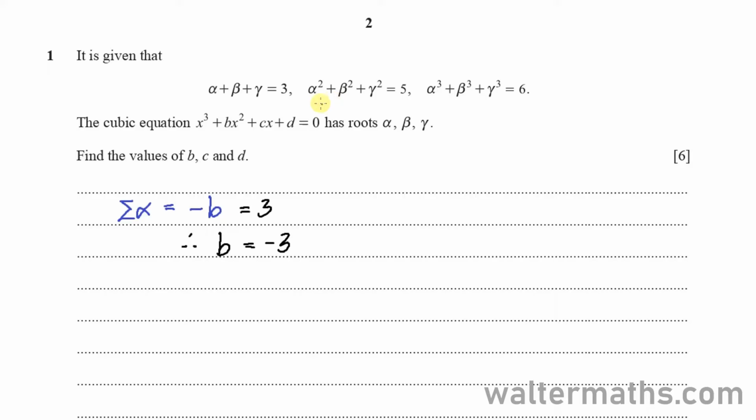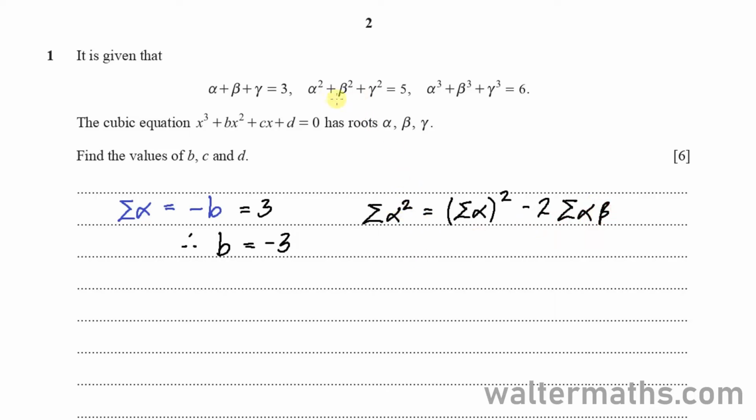Now, we've also been given here that alpha squared plus beta squared plus gamma squared is equal to 5. Now, we know that the sum of roots of the form alpha squared can be expressed as the sum of roots squared minus 2 of the sum of product of pairs.